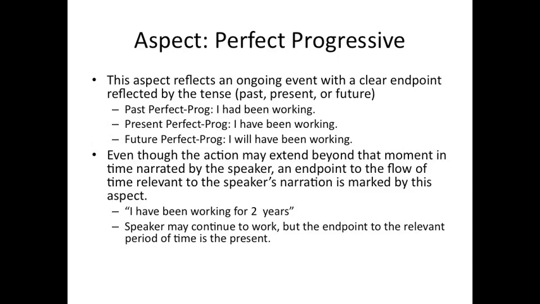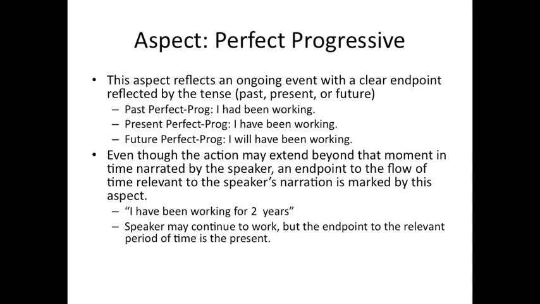So now look to the past perfect progressive example I have here. I had been working. So for the tense, you look at the auxiliary, which is here, it's "had." It's in the past, so you have the past tense. And then for the perfect, you look at the next verb, which is "to be," and it is conjugated for the past.